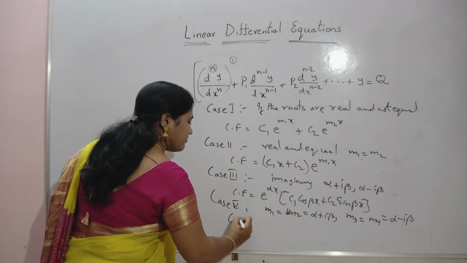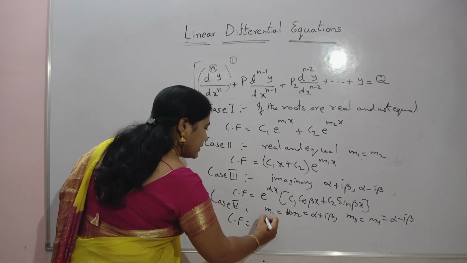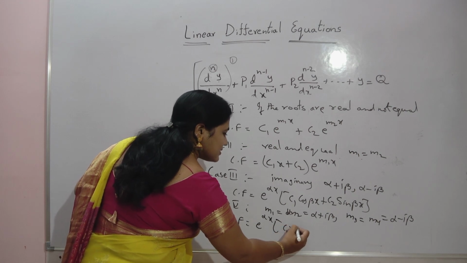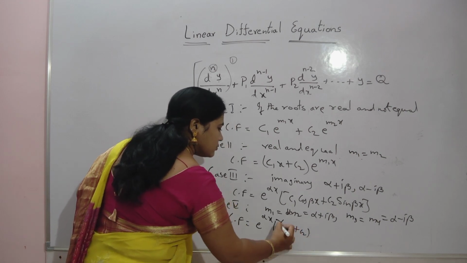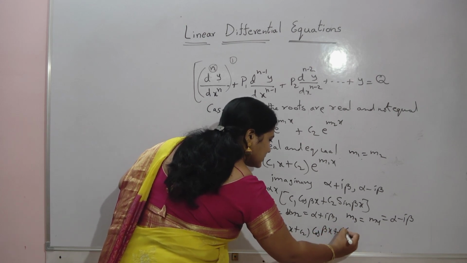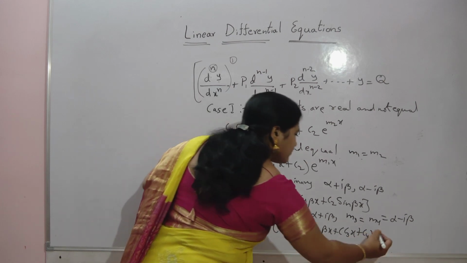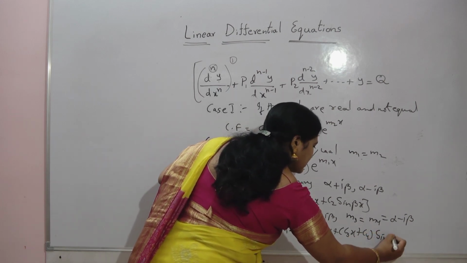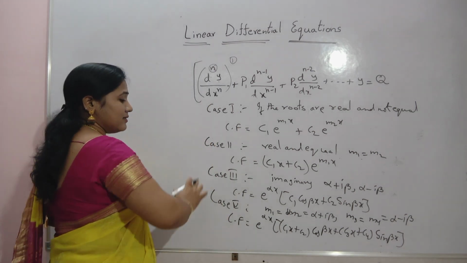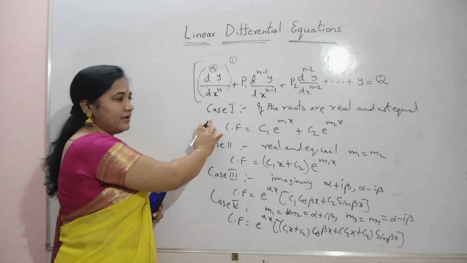Then the complementary function is e power alpha x [(C1 x + C2) cos beta x + (C3 x + C4) sin beta x]. So these are the 4 cases which are useful to find the complementary function.